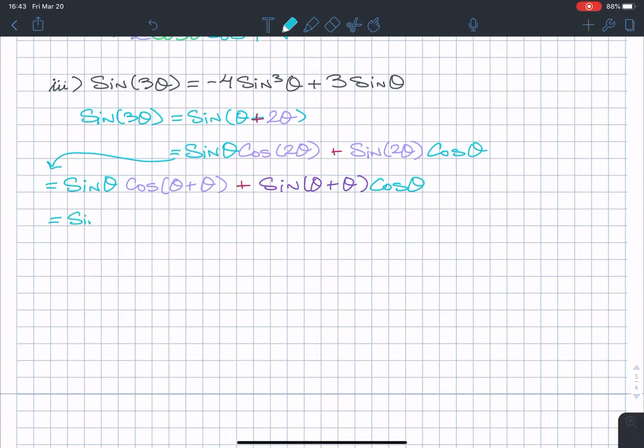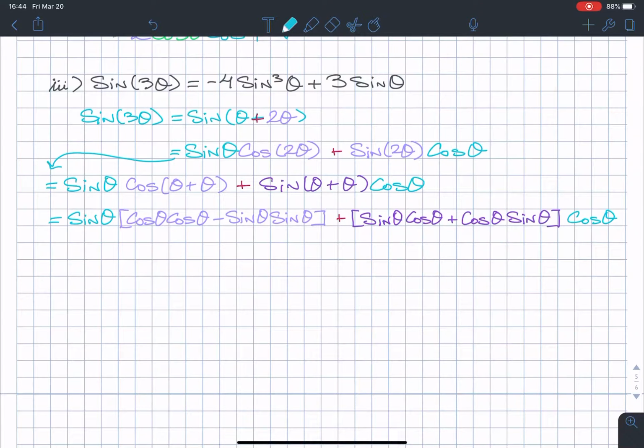So this will be sine of theta times the quantity: cosine of theta plus theta is cosine of the first times cosine of the second minus sine of the first times sine of the second. But the second and the first, of course, are the same in this case. Plus, I'm going to rewrite sine of theta plus theta as sine of the first cosine of the second plus, because it has the same sign, cosine of the first, sine of the second, all times cosine theta.